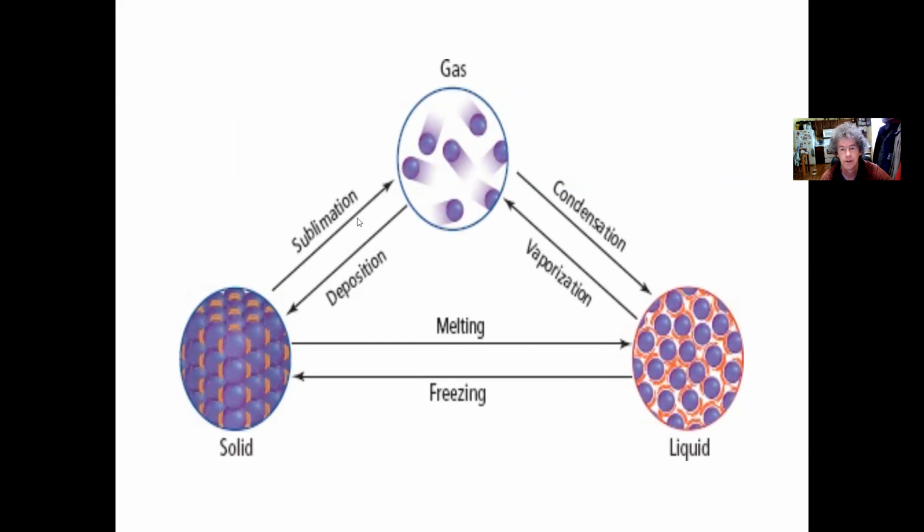From liquid to gas is vaporization, which requires energy. Solid to gas is sublimation, which requires energy. In contrast, gas to liquid is condensation, which gives off energy. Liquid to solid is freezing, which gives off energy, and gas to solid is deposition, which gives off energy.